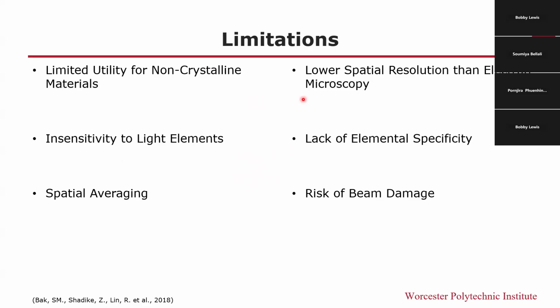It's insensitive to some of the lighter elements like hydrogen and lithium, and conventional X-ray powder diffraction provides a powder average over a large spatial range, which can obscure local structural changes or the reaction throughout an electrode. There is lower spatial resolution than SEM or TEM, and there is a risk of beam damage from the synchrotron. This is not so much of a concern for a lab source.